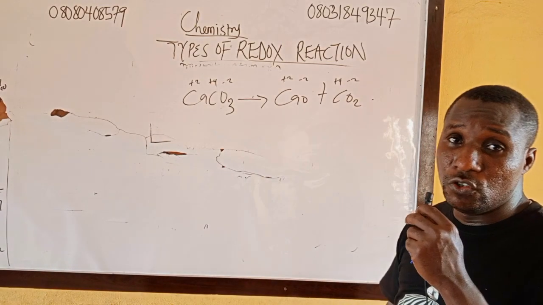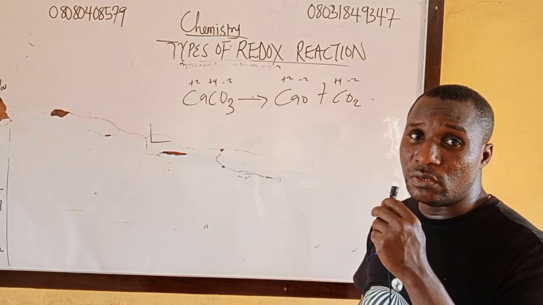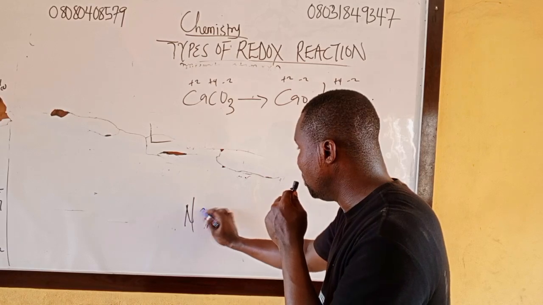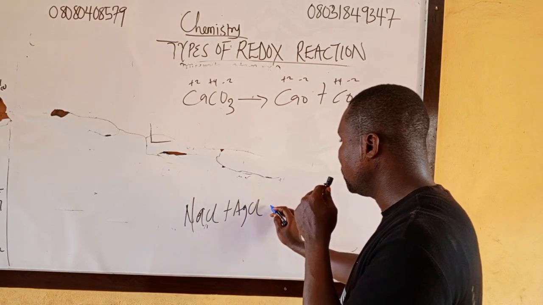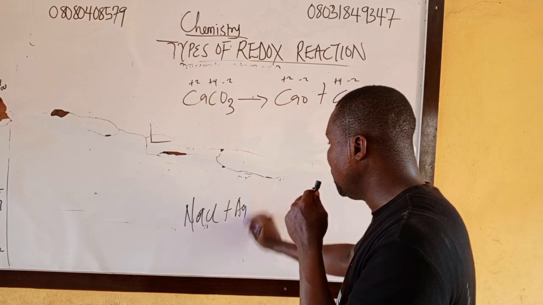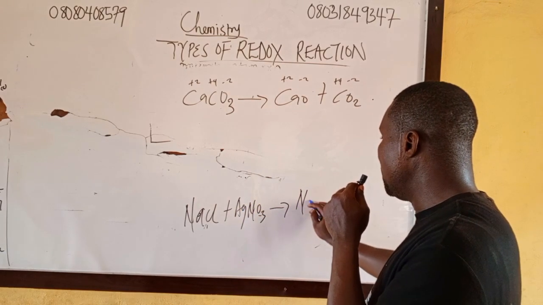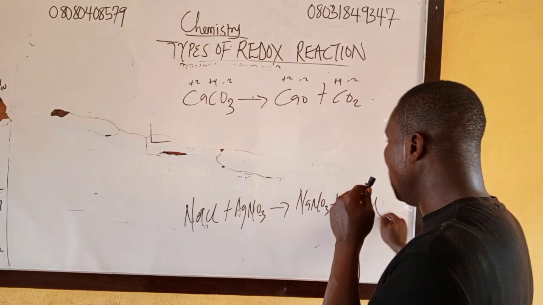Likewise, for neutralization reaction and double decomposition reaction, there's no change. Look at this one, the double decomposition reaction: NaCl plus AgNO3 gives NaNO3 plus AgCl.